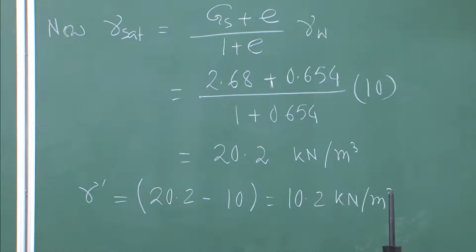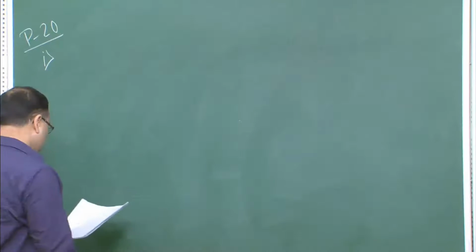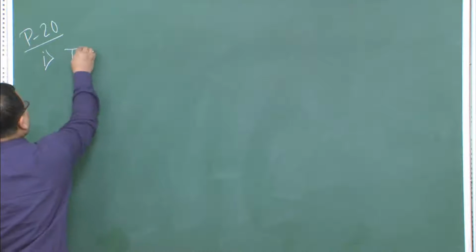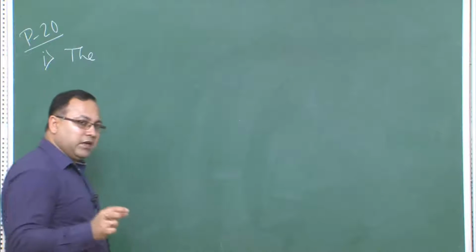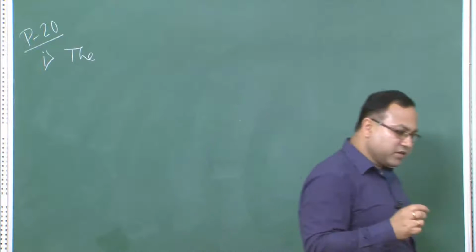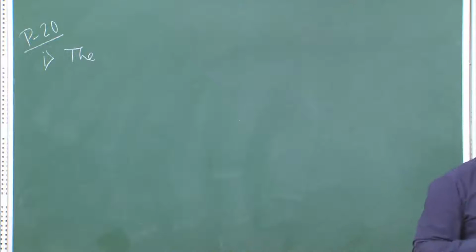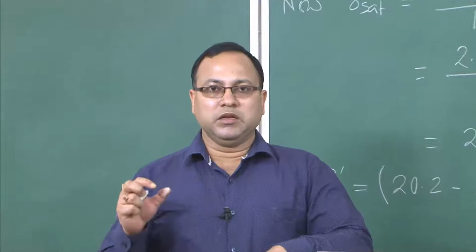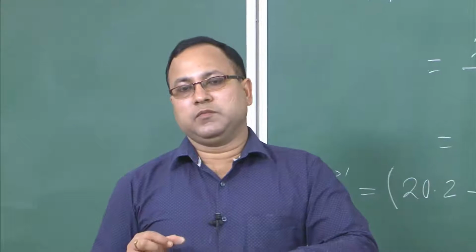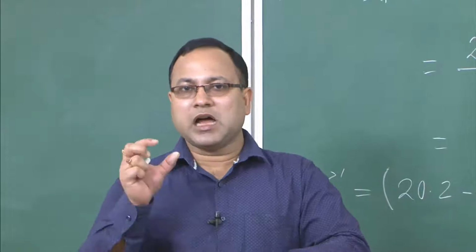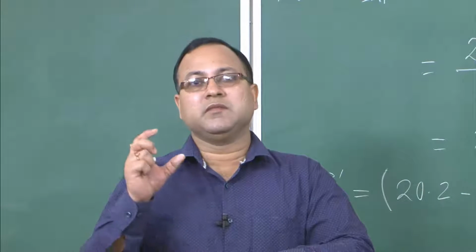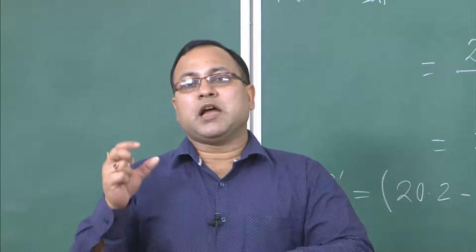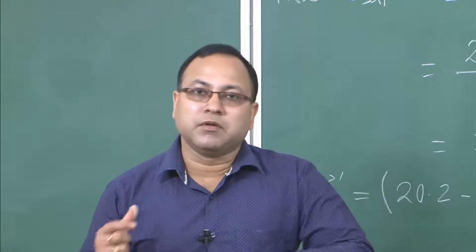Now, we are coming back to the first part of the problem. We need to find out the shear strength on the horizontal plane, which is lying at 5 meter below the ground level. Tau f, as you have seen in the discussion, is nothing but C plus sigma tan phi.